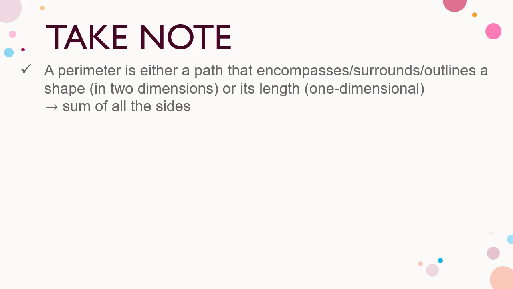Now let us have our sample illustration so that we can check if you can still remember how to get the perimeter of the given figures. So here, as you can see, we have a three-sided polygon, and going back to our description, if we talk about perimeter, that refers to the outline that surrounds the given figure.